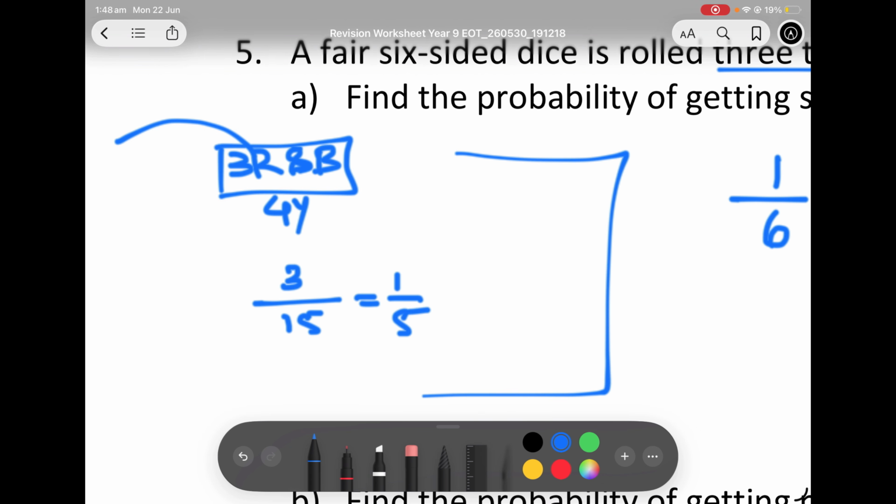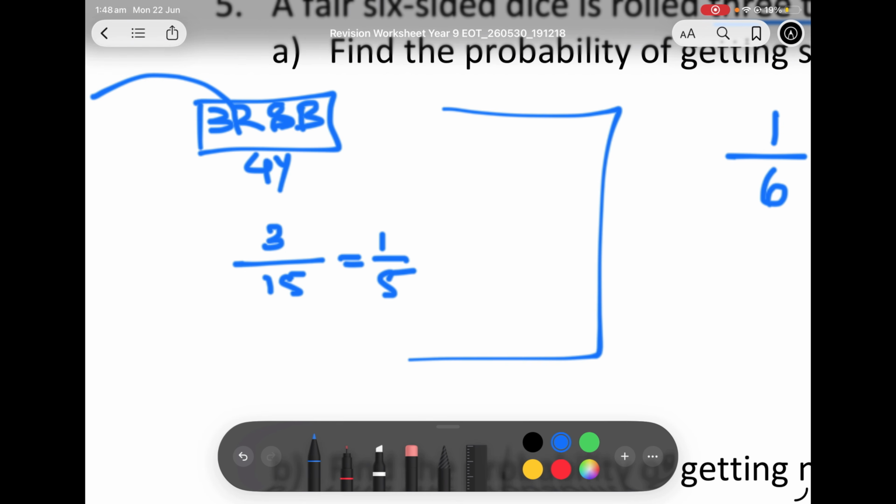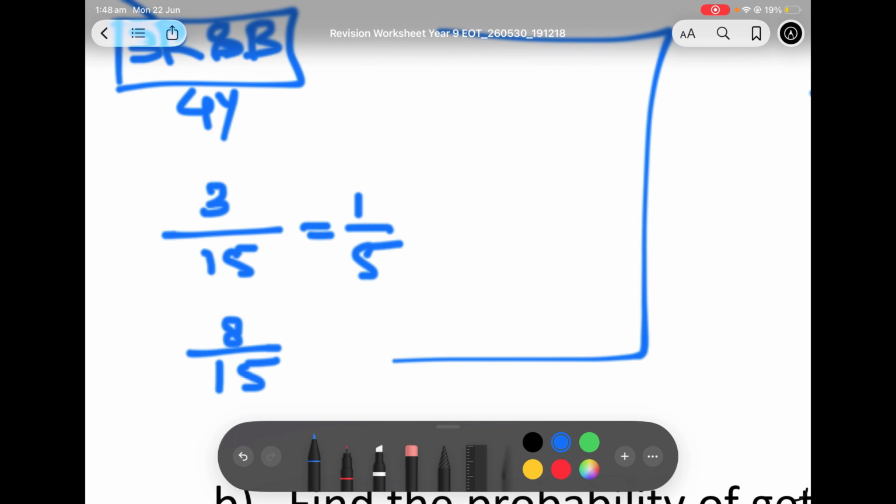Now he puts it back, and then he takes it out again, and the probability that he gets a black ball the second time is 8 over 15.